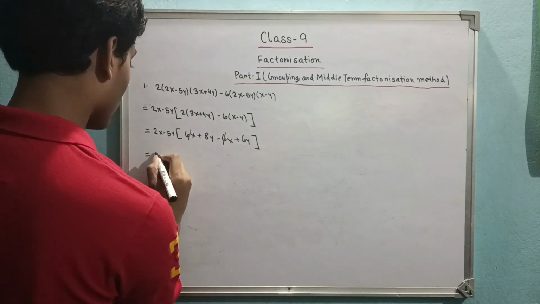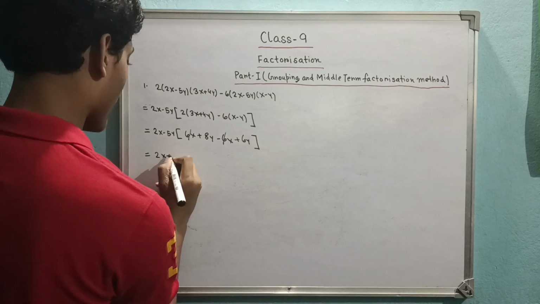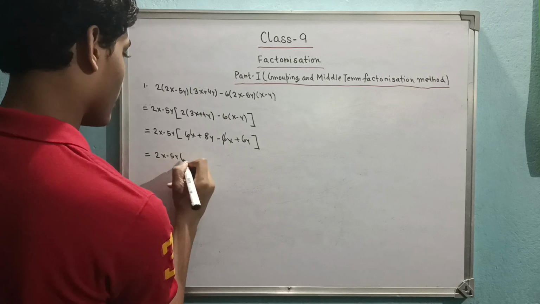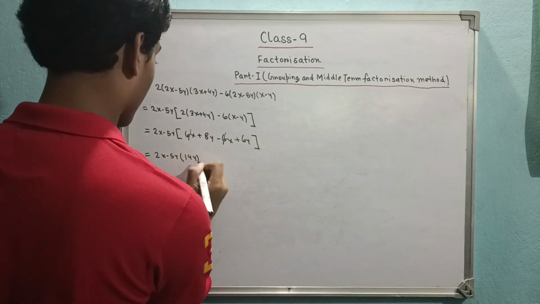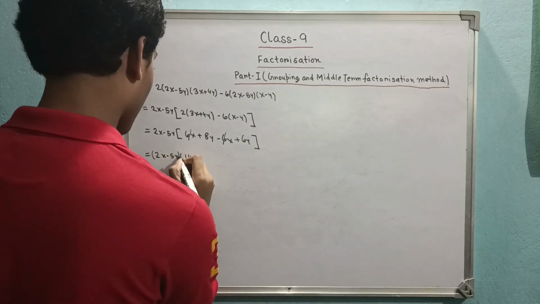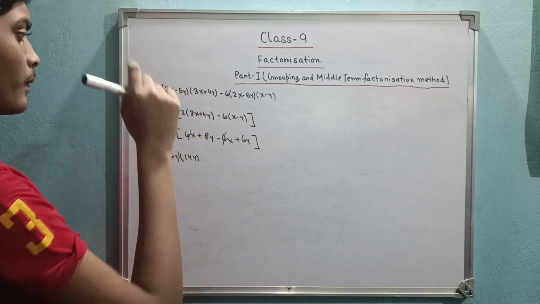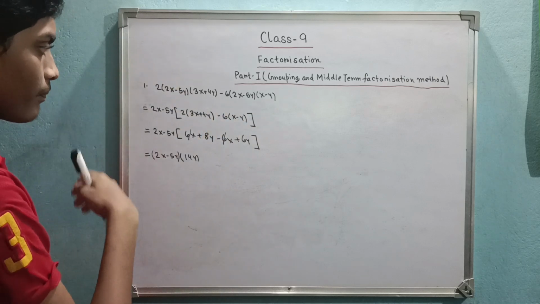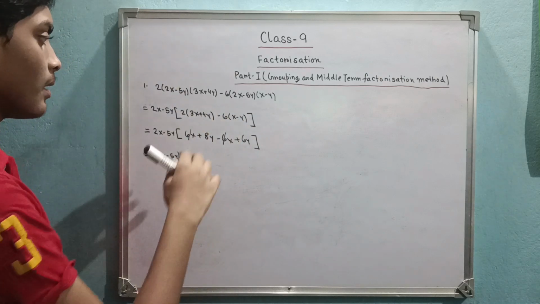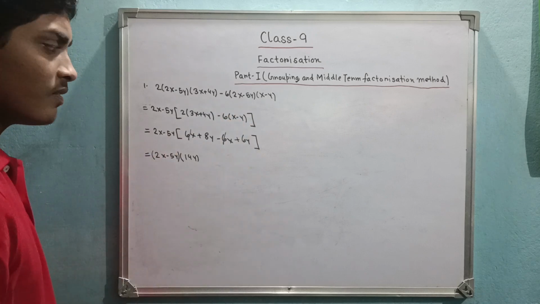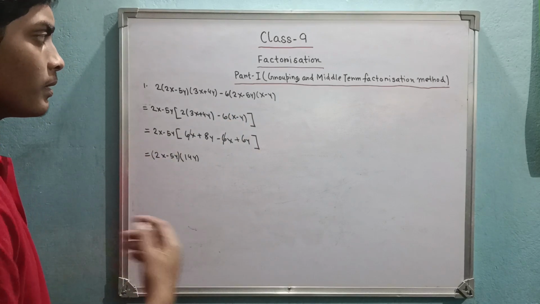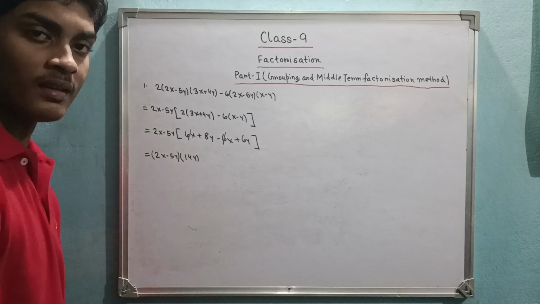This will be equal to 2x minus 5y into 14y. So this is our answer. We factorize the equation by taking 2x minus 5y common and taking the other terms in the third bracket. Very easy. So these type of sums will be there in the grouping method. Let's see some few more.